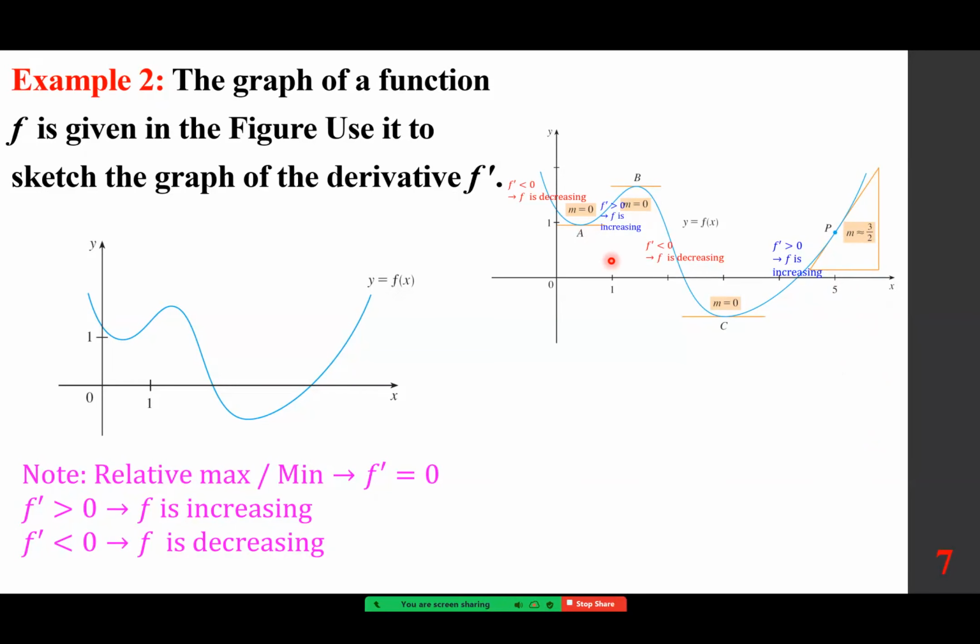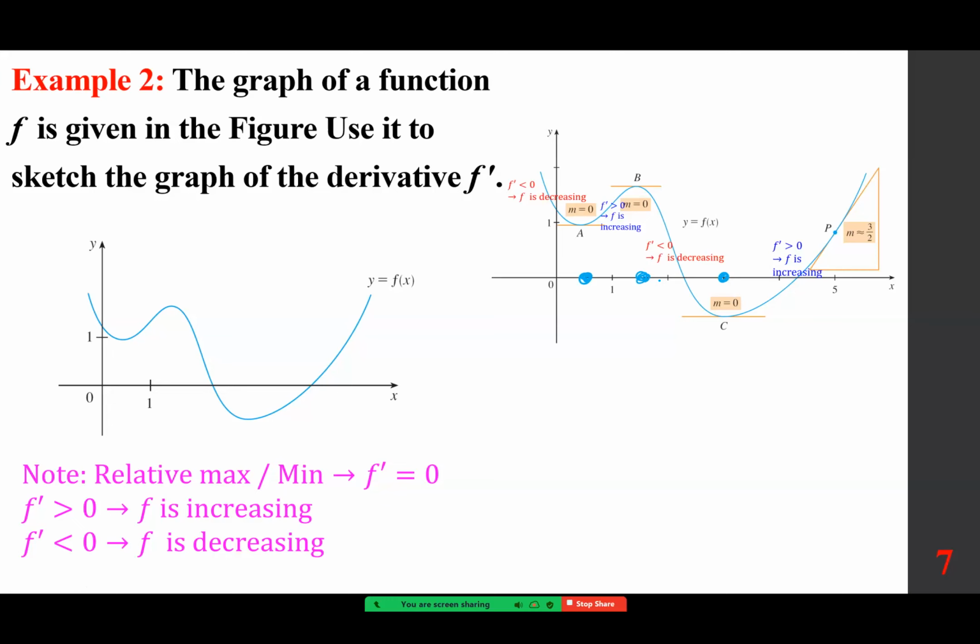So what happens, these 3 points correspond to 0 on the graph of f prime. So for those, this one, this one, and roughly this one.